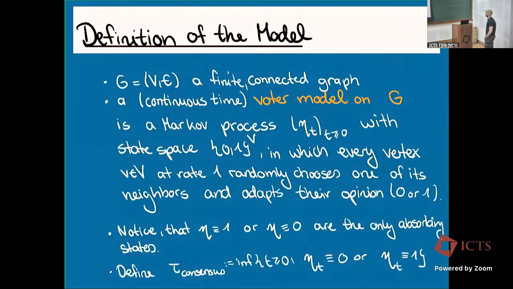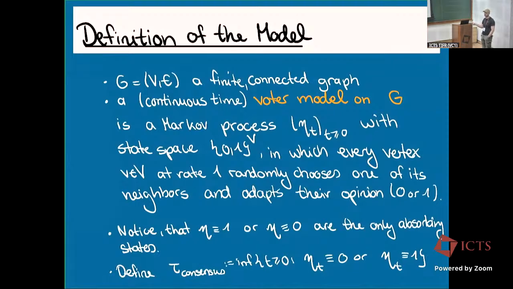And notice that the only absorbing states in this scenario are the configuration where every opinion is 1, or every opinion is equal to 0. And this is what we call consensus, right? So yesterday we saw that, in some sense it's similar, because we don't have discordant edges here since we are connected.